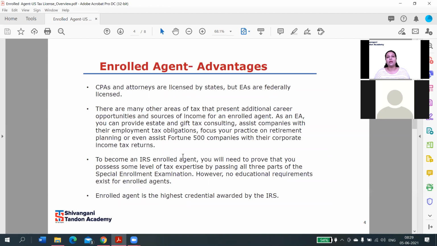Beyond this, there is no other certification anybody would need to prepare or sign returns. However, if you go for a specific field of tax work, you may need some certification or extra knowledge. For example, if you only want to work on an insurance company's tax return, you need to study the insurance company's tax laws.